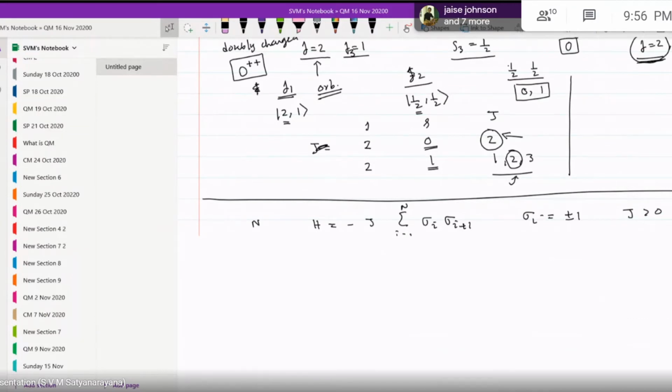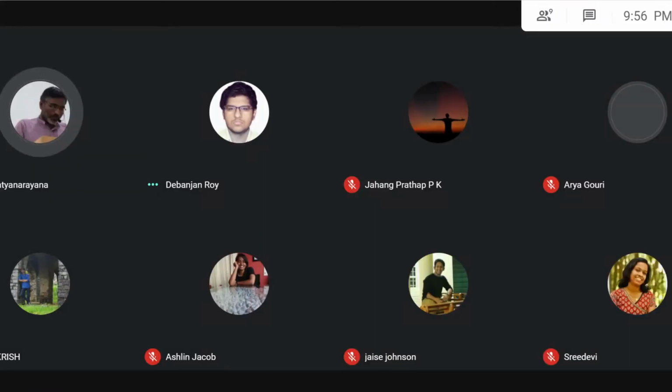Okay, sir. After partition function, I understood. If in the exam the partition function comes, then I will be able to answer. No, it's not. It's very simple. See what I'm trying to say. Oh, I think my thing got closed.